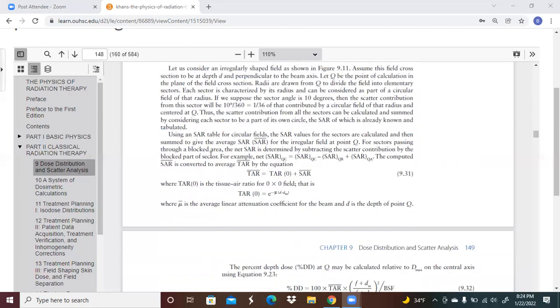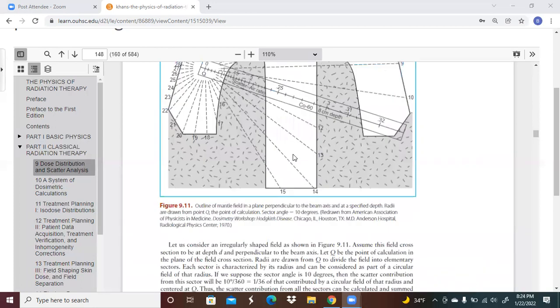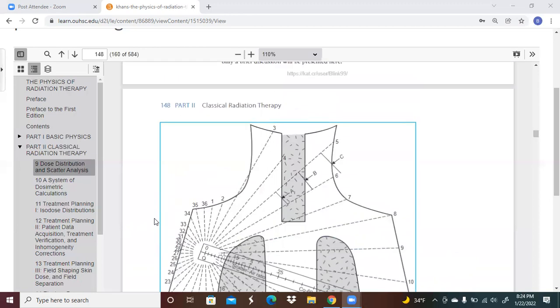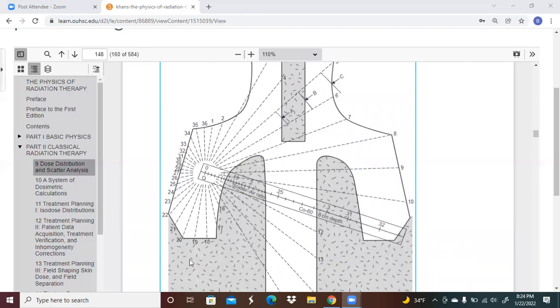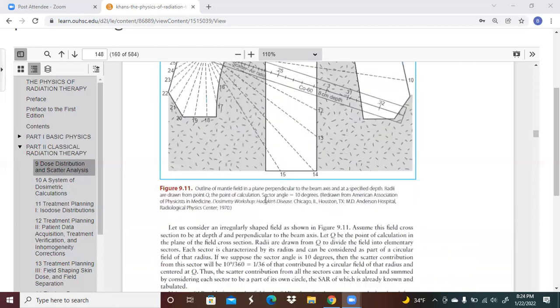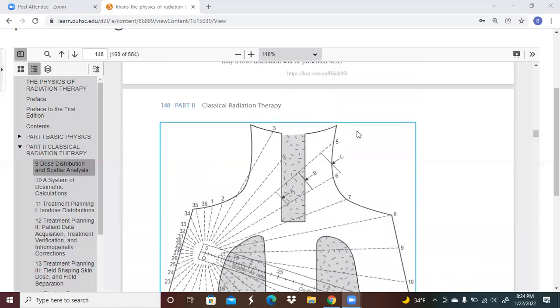For sectors passing through a blocked area, some of these beams are coming straight in and there's nothing there to block them. But some of these beams are coming through in areas where you see some block in the way. How do you deal with that? Well, let's take this particular beam here, number 5. As it's coming through, this area is not blocked, this area is, and then this area is no longer blocked.